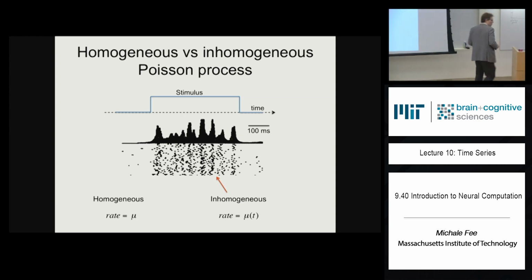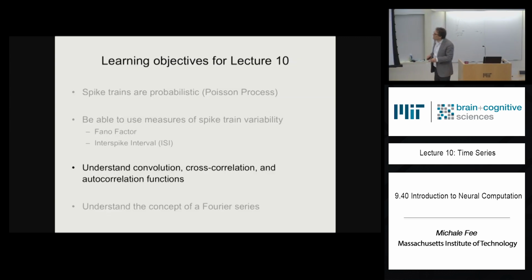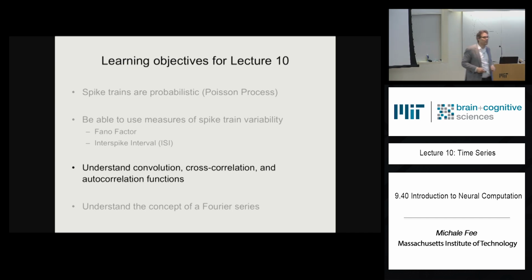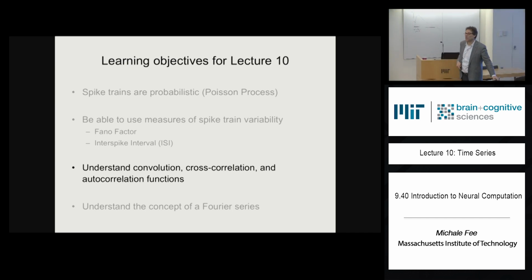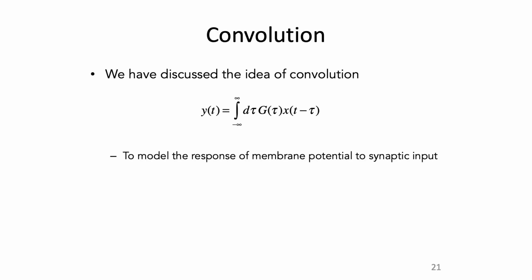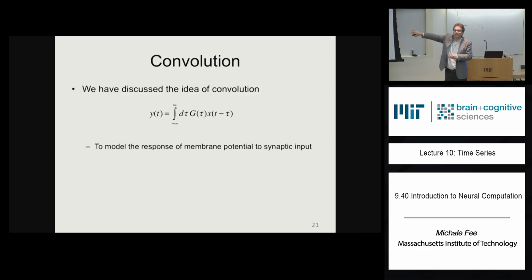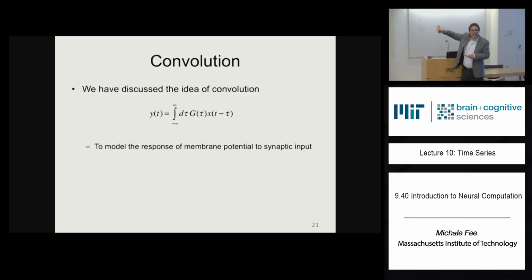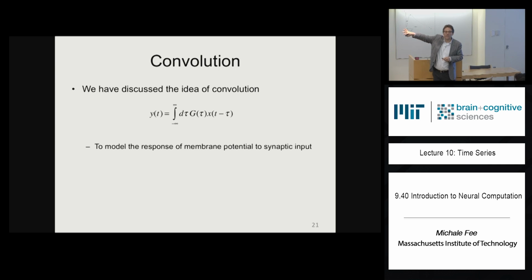Okay, so let's see what's next. All right, so let's change topics to talk about convolution, cross-correlation, and autocorrelation functions. We've been using the notion of a convolution where we have a kernel that we multiply by a signal. We multiply and integrate over time, and then we slide that kernel across the signal and ask, where does the signal have structure that looks like the kernel?